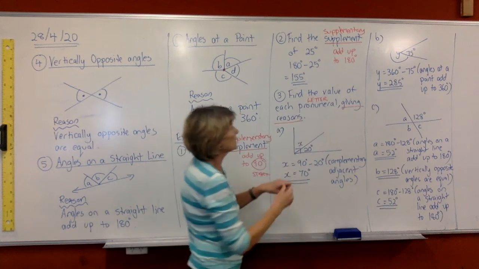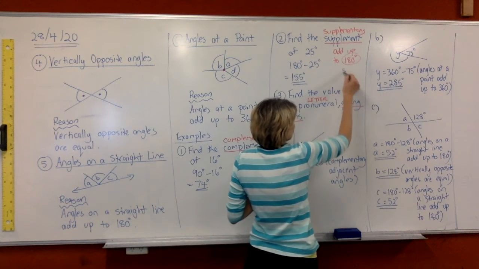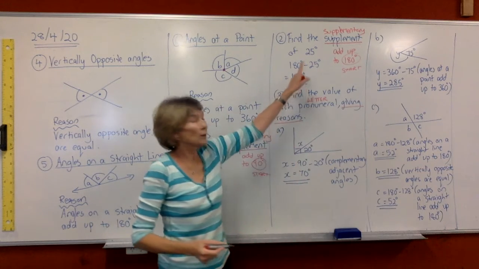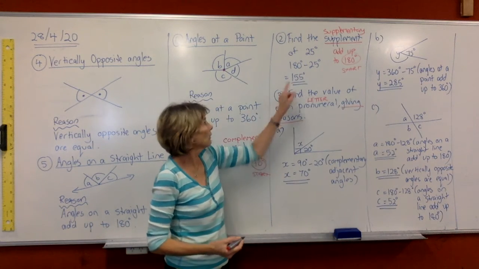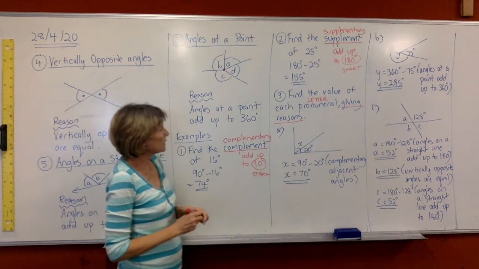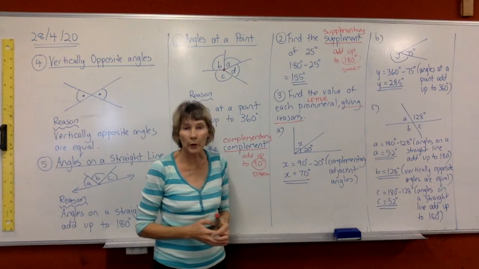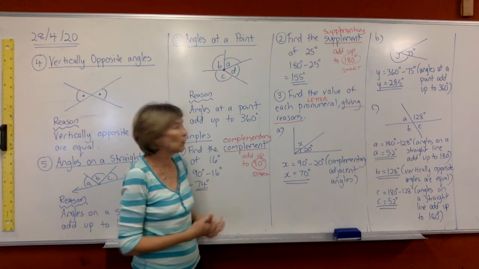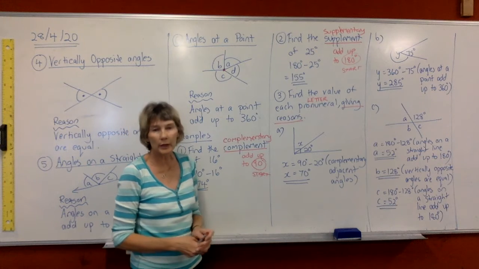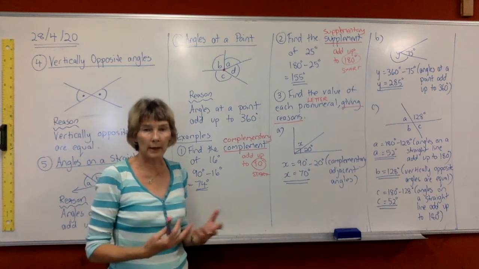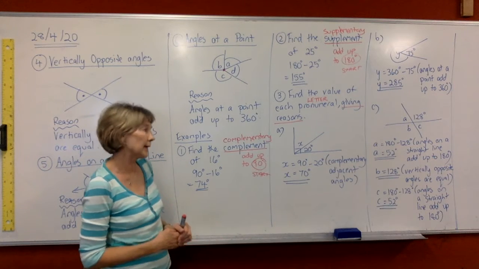So again, we're going to start with the 180 and take off the one they gave you, the 25, and you'll be left with the supplement of 25. Now those next ones, we're finding the value of each pronumeral. The word pronumeral just means the letter. We're finding the value of all the letters, but we have to give reasons along our way, basically to explain what our working is and how we've arrived at our answer.